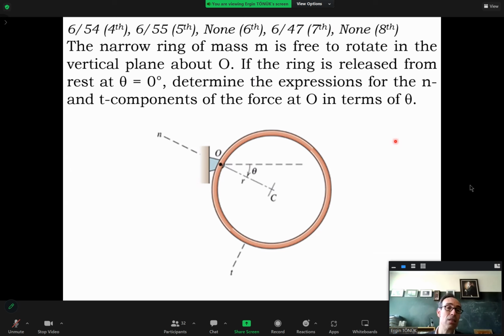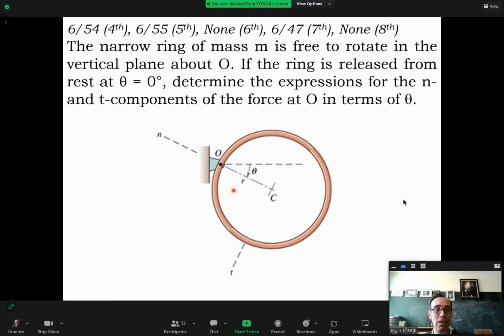If we release this pin when this angle is zero, we would like to determine the two components of the reaction force at the pin in terms of theta. That is, actually, we would obtain general expressions for the reaction forces at this pin when theta continues to increase from zero. Okay, is the problem clear?